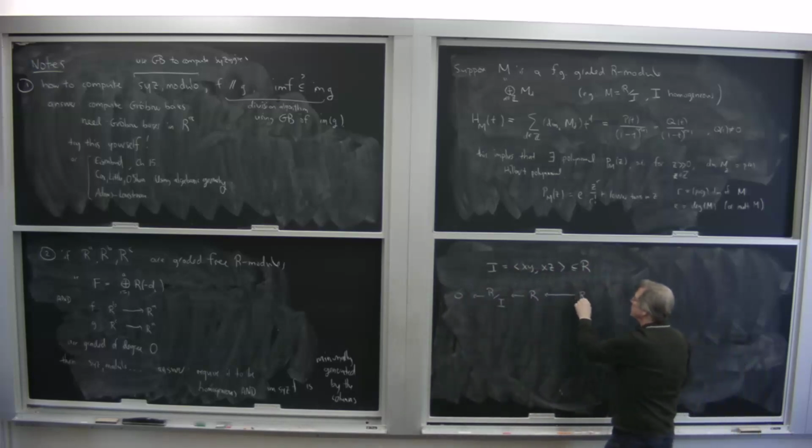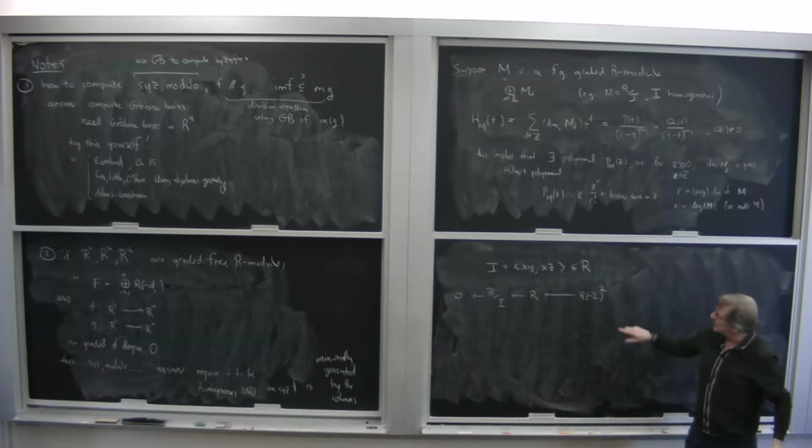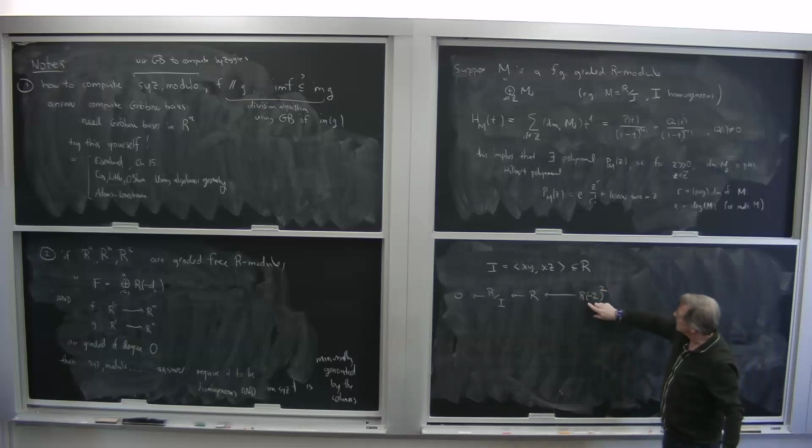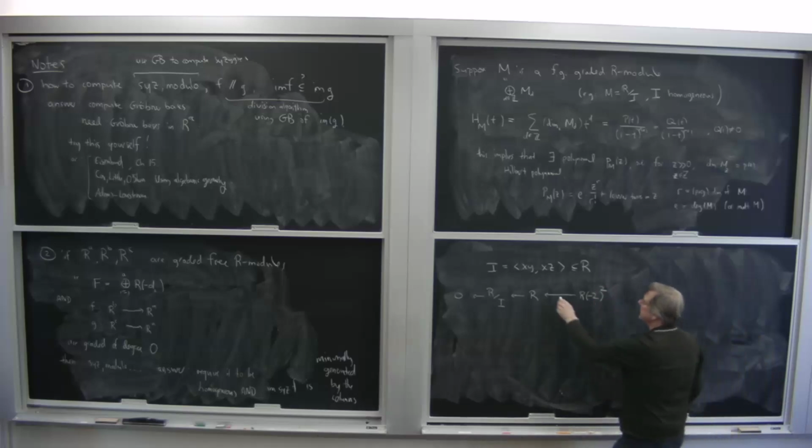Yeah, R squared, but also since they're degree 2, it would be R(-2), and two of those. So this says it's R squared, but they both have degree 2. And this is the matrix xy, xz. So the first generator goes to xy and the second generator goes to xz.